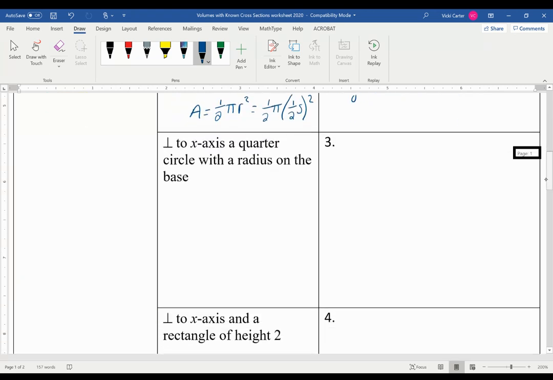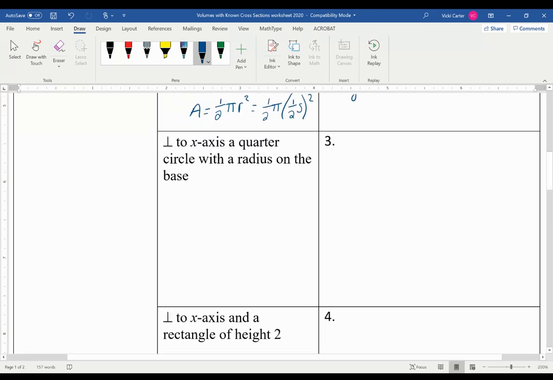Okay, so now what about a quarter circle where the radius is in the base? So this is going to be our little length S. So this means this will also be S, and we're going to have a little quarter circle. So now we know that the area is 1/4, because it's a quarter circle, pi r squared. S is still x squared, as it was earlier.